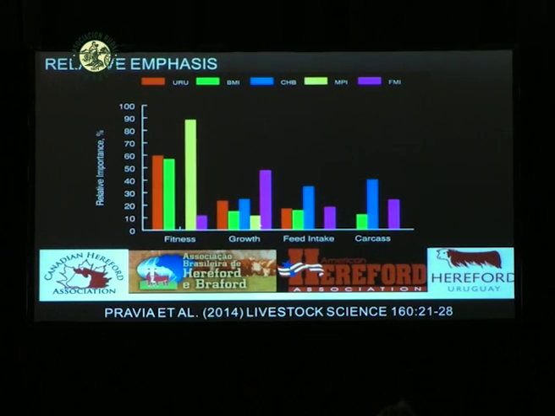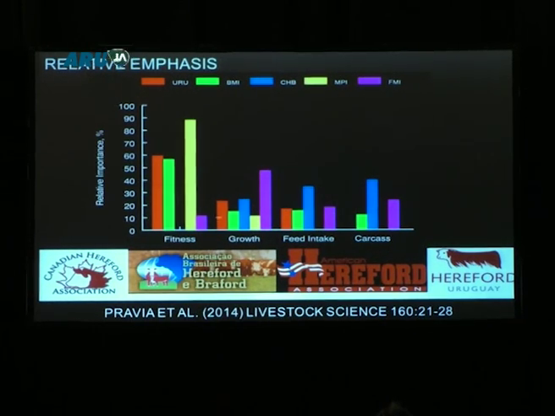And you see that as this yellow bar being substantially lower than the others. And again, in the Feedlot Merit Index in Canada, the fitness traits are a fairly small contributor relative to the others.